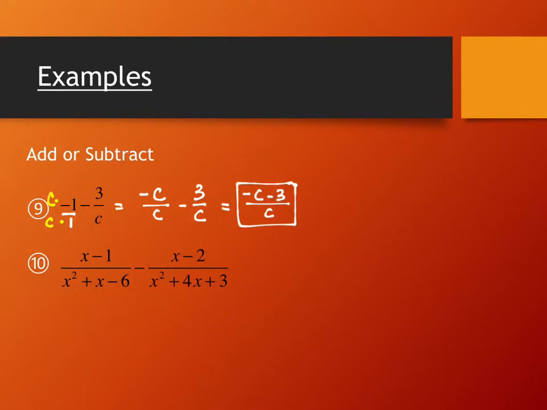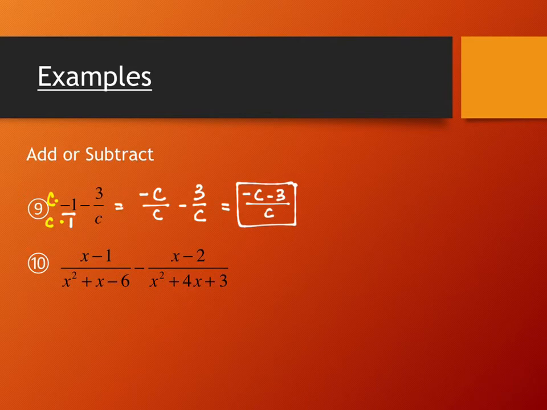When I have quadratics in the denominator, just like when I had quadratics in the denominators for multiplying and dividing, it is not helpful to simply multiply the two denominators by one another. It isn't that it won't potentially work, but you've created a big giant mess if you do. And simplifying it is probably almost impossible at that point. So what we want to do, as with multiplication and division, is factor.